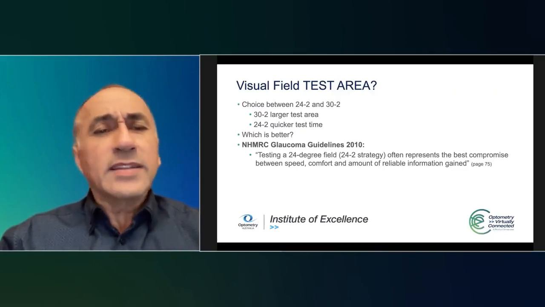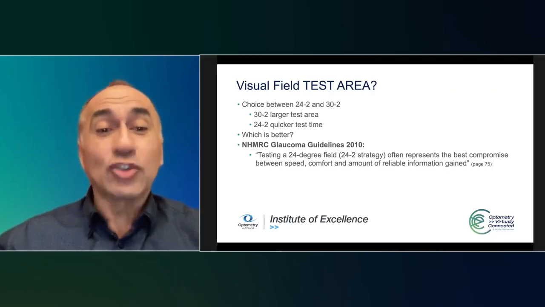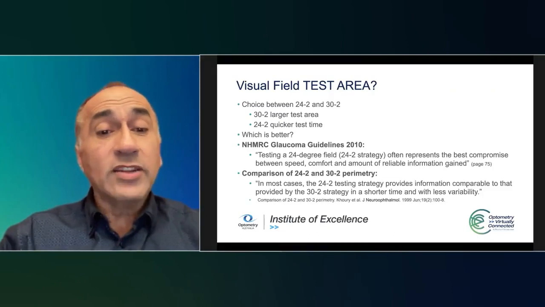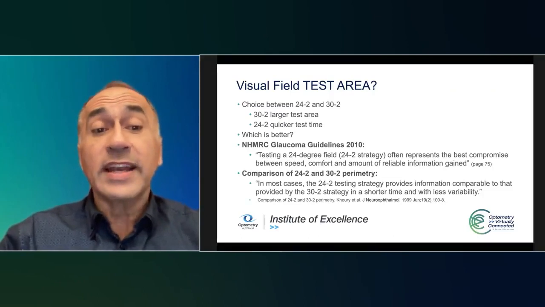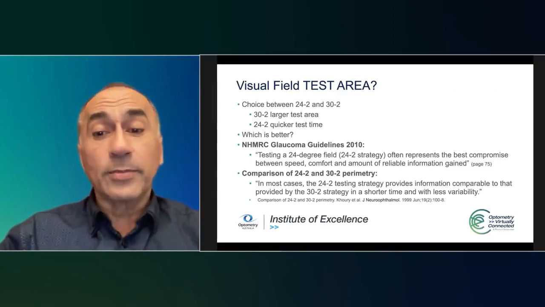So in most cases, the 24-2 will give you the best data in the shortest test time for the patient. And another study from 1999 comparing the two strategies said, in most cases, the 24-2 provides information comparable to that from the 30-2 in a shorter test time and with less variability.